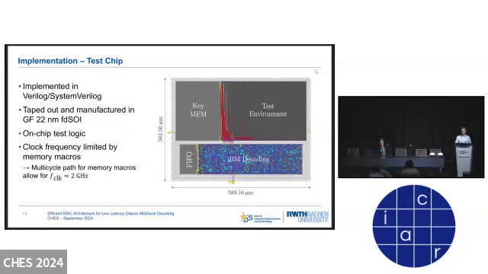And because the clock frequency of the design was not limited by the logic of the decoding module, but rather by the employed SRAM macros, we implemented an additional optimization where we introduced a multi-cycle path across these SRAM macros to effectively operate them at half the frequency with double the width, which then allows us to operate our test chip at a clock frequency of 2 gigahertz.